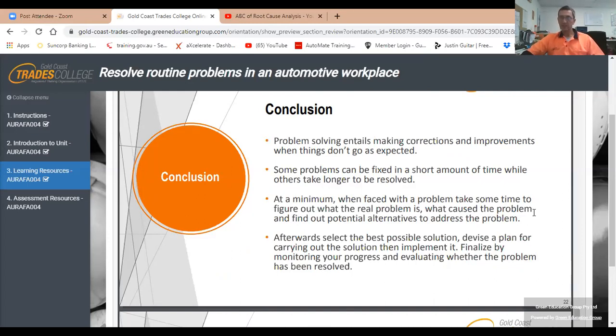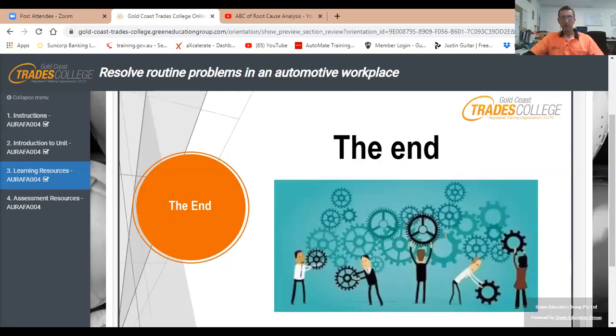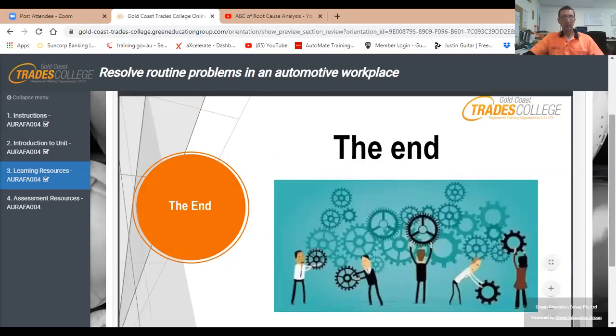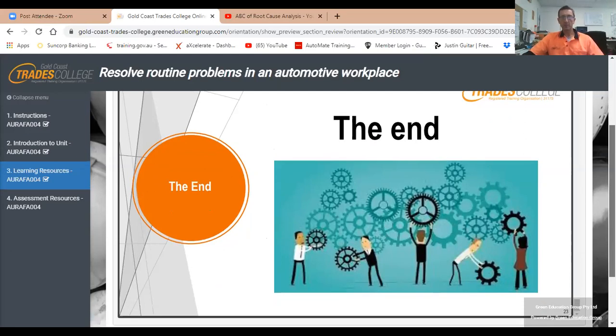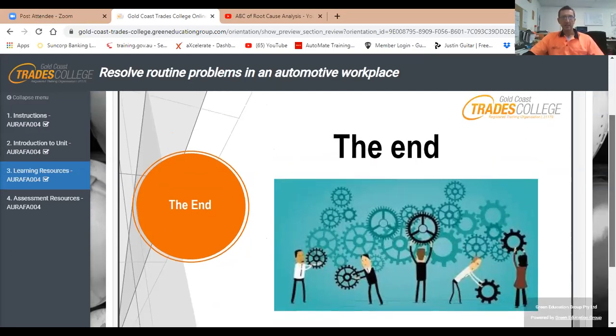And afterwards, select the best possible solution. Devise a plan for carrying out the solution, then implement that, finalised by monitoring your progress and evaluating whether the problem has been resolved. So that's the end of our tutorial for today, resolving routine problems in an automotive workplace.